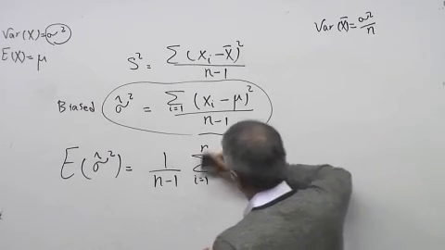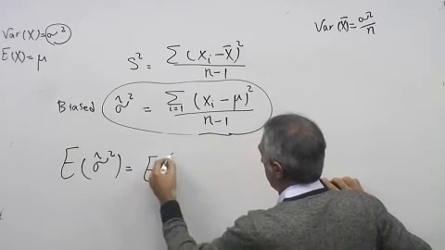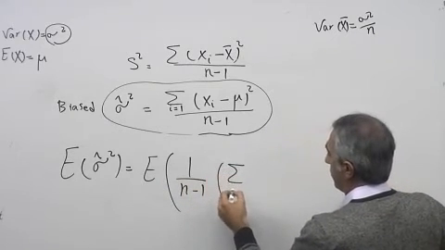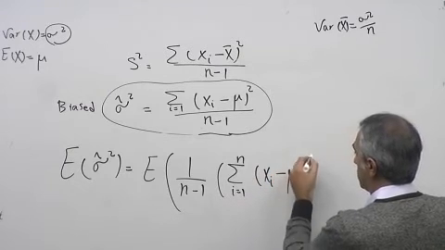Let me write one more intermediate step. Expected value of 1 over n minus 1, summation of i from 1 to n, xi minus mu squared.